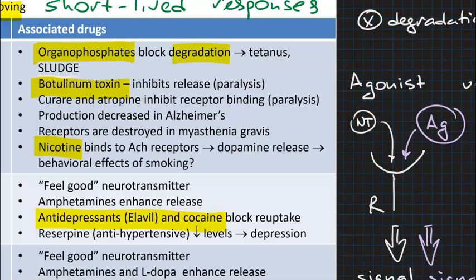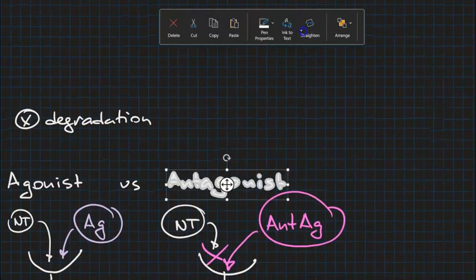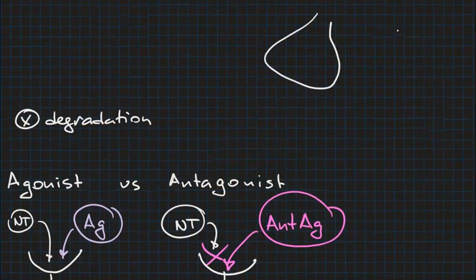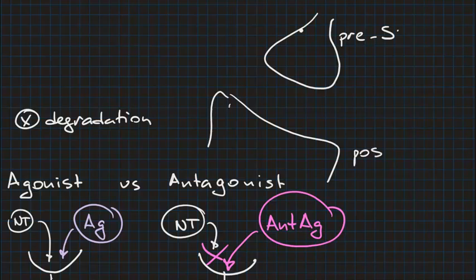Now imagine there's a soldier on the field, and I'm going to give you a little hint. I'm going to make a drawing here. Okay, so this is your presynaptic neuron, right? This is your postsynaptic neuron. These are your neurotransmitters.